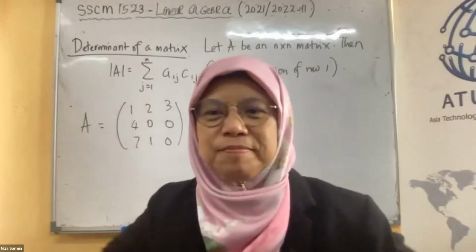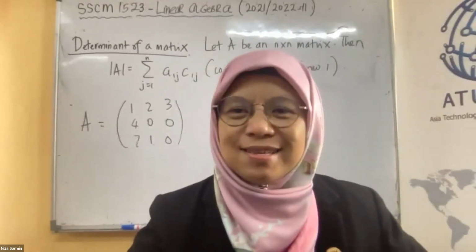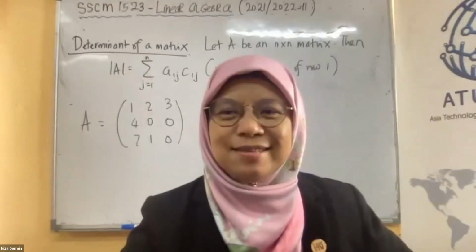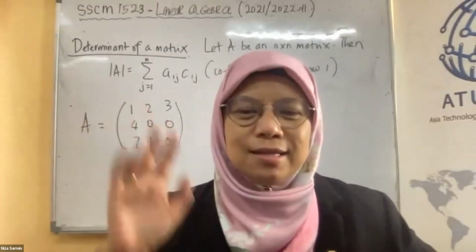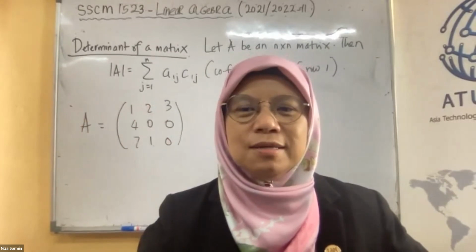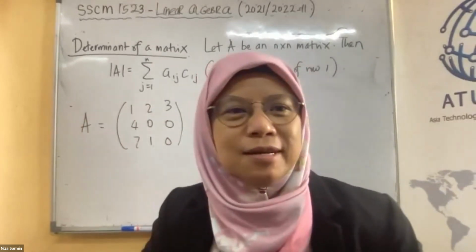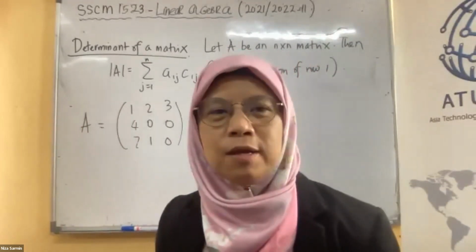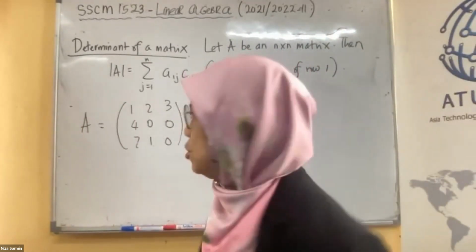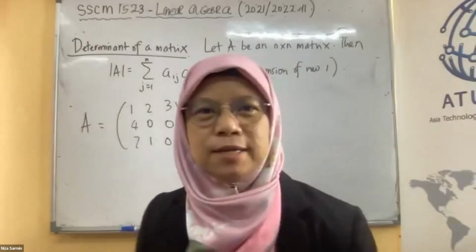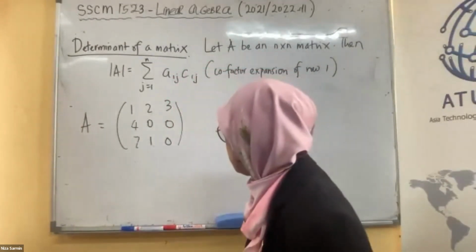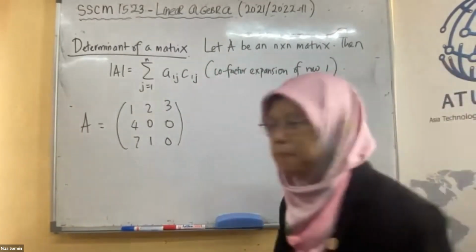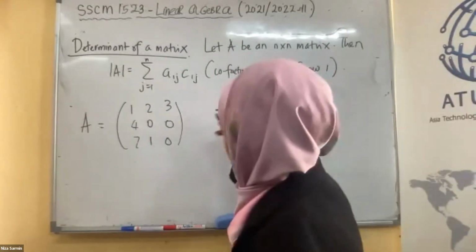Raise your hand so that I can see. Okay. Alright. Okay. So, which row or column do you want to pick? Which row or which column? Okay, this one, yeah? Okay.